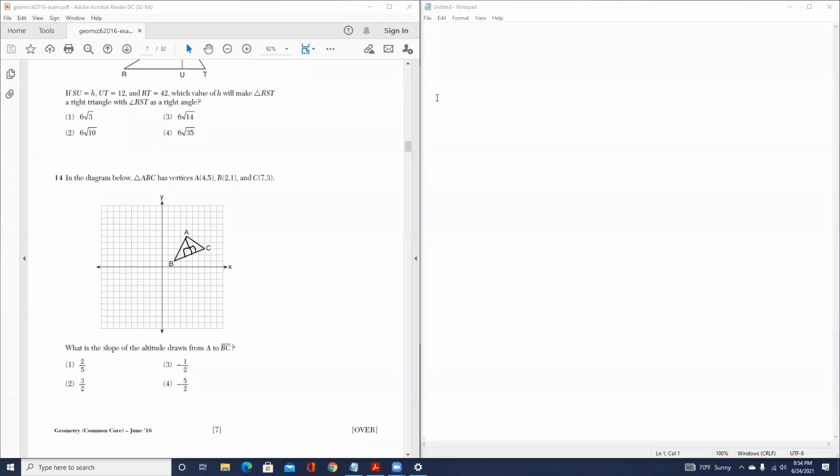So this is the same equation we used last time. Slope equals y2 minus y1 over x2 minus x1. And this is going to be for the slope of BC.